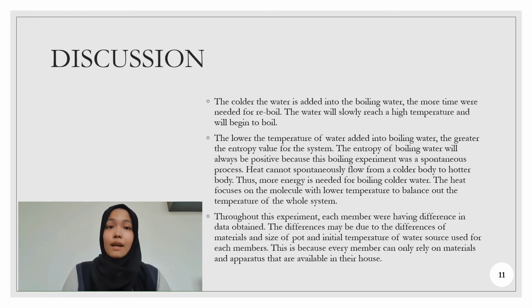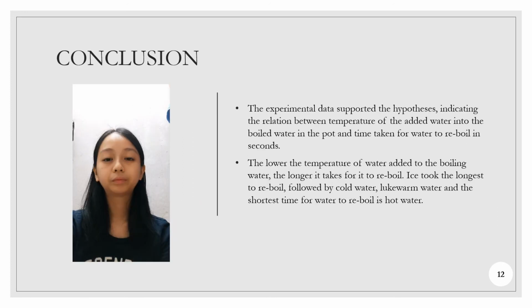This is because every member only relies on materials and apparatus that are available in their houses. However, every member had the same trend of data. This further explained that when the experiment was conducted, the lower the temperature of water added into the boiling water, the longer time it is needed to reboil the whole system. The entropy for each member was also positive.